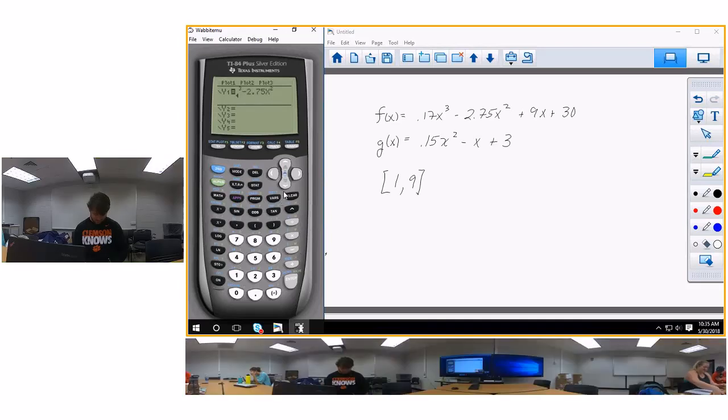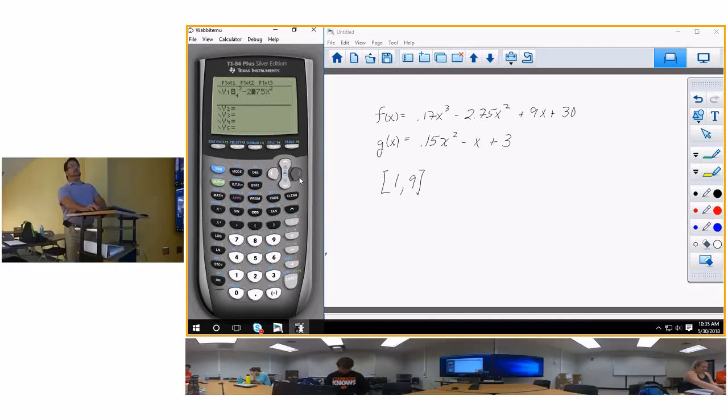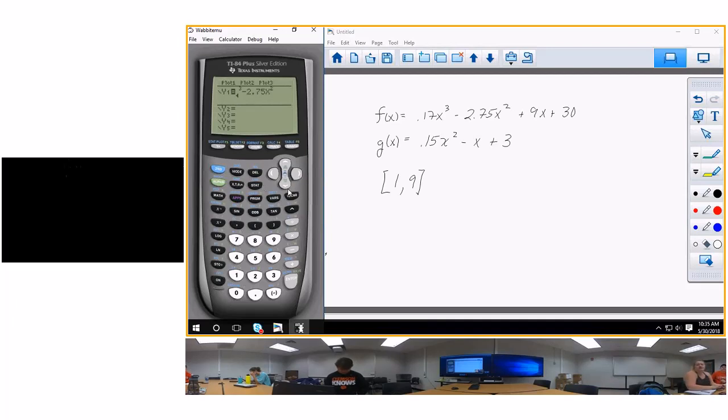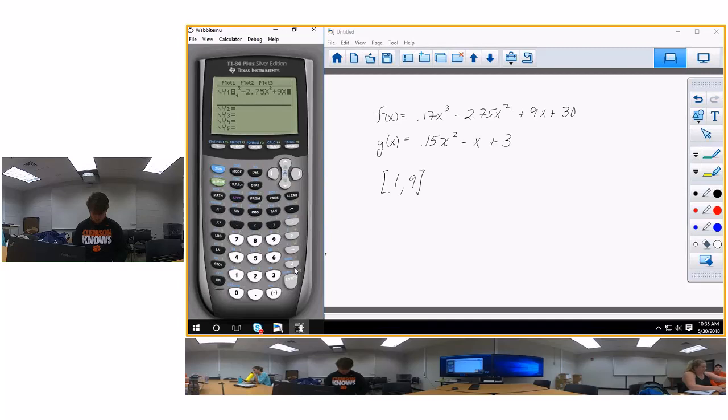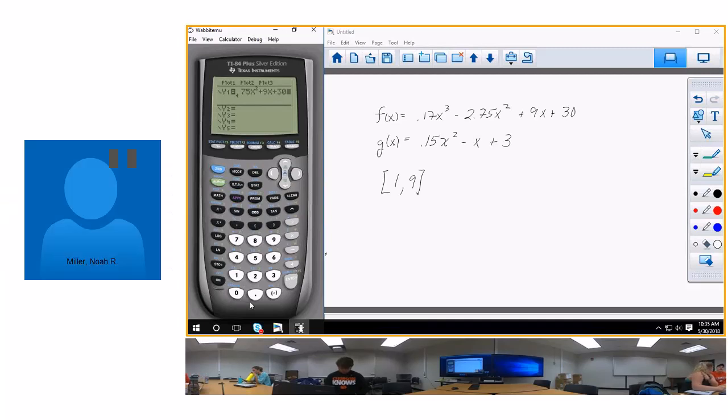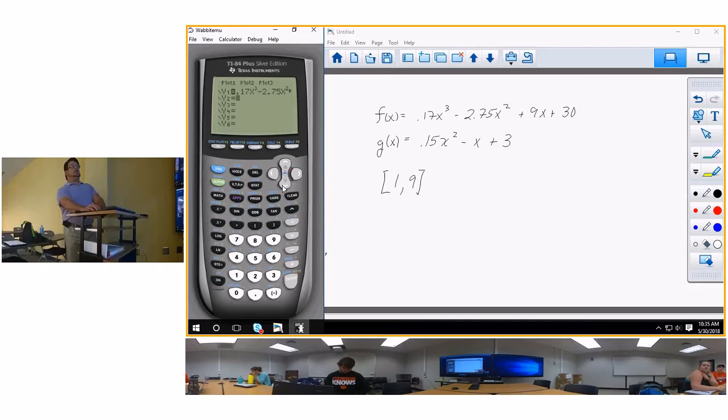There we go. 2.75x squared plus 9x plus 30. Is that good? All right. Y2. I'm going to make it a little bit darker. We know it looks like a parabola, but let's make it darker just to make sure.